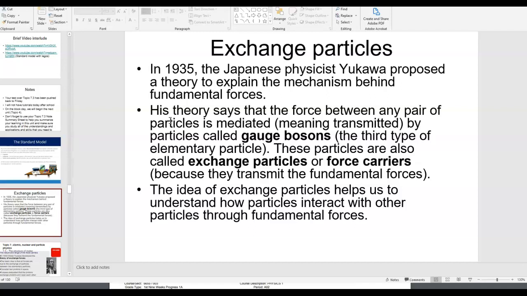According to his theory, the force between any pair of particles is mediated, and when I say mediated, I mean transmitted, by particles called gauge bosons. That's the third type of elementary particle. Again, other names for these would be exchange particles or force carriers, basically because they are the particles that transmit those four fundamental forces.